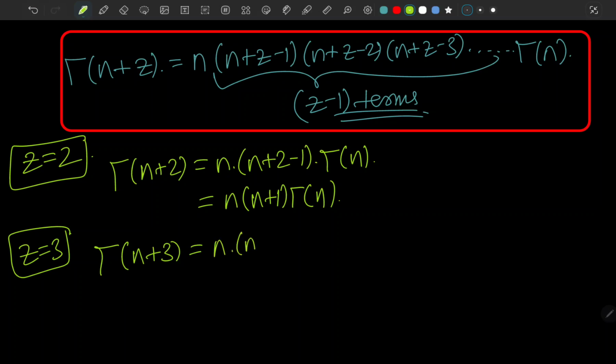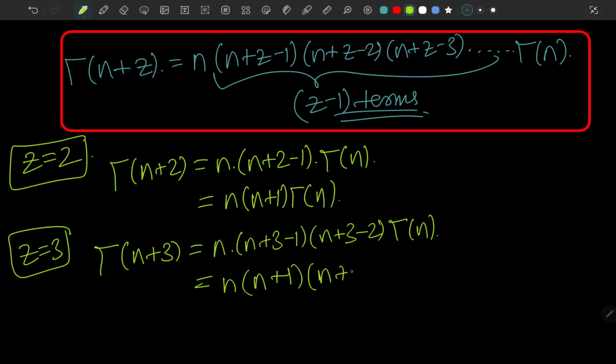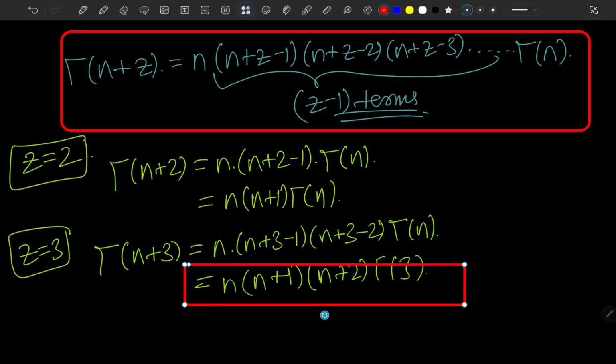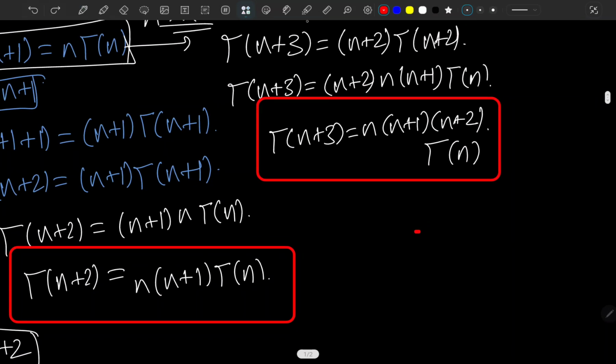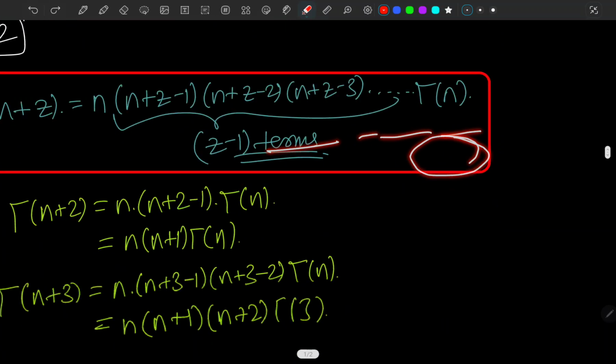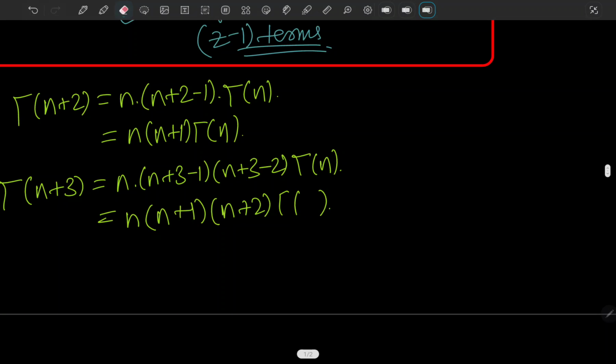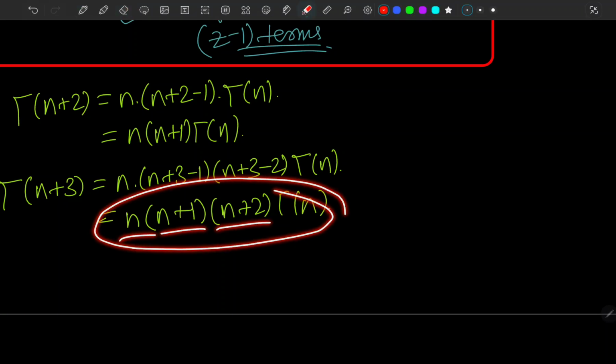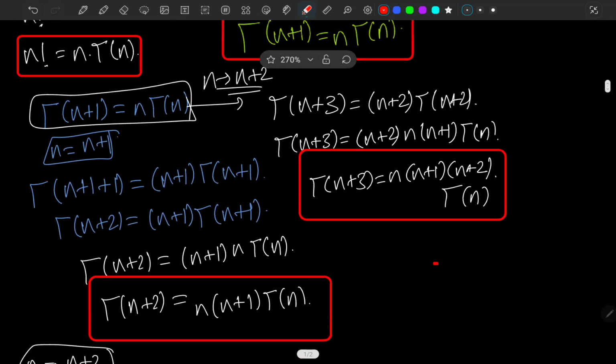So gamma of n plus 3 is n times n plus 1 times n plus 2 times gamma of n. How amazing is that, guys?